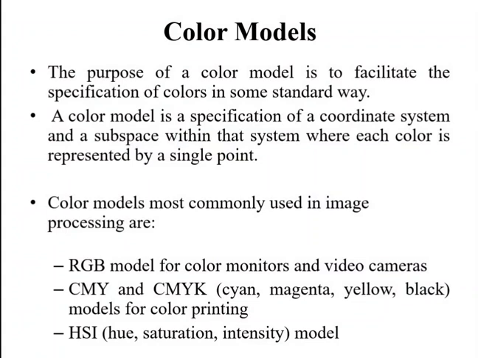In terms of digital image processing, the hardware-oriented models most commonly used in practice are the RGB model, meaning red, green, blue, for color monitors and a broad class of color video cameras. Next is the CMY model, meaning cyan, magenta, yellow, and CMYK, that is cyan, magenta, yellow, black, for color printing.